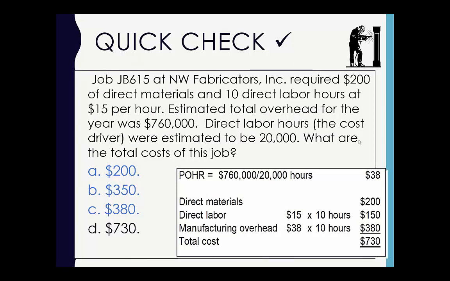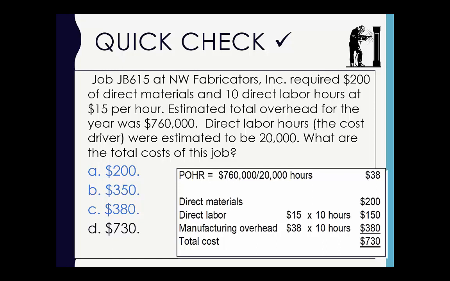What we talked about before was the predetermined overhead rate, and we have to calculate that. So the total manufacturing overhead for the whole year was $760,000. And we approximated, which is the best we can do at the beginning of the year since we don't know our actuals, 20,000 hours. So if you take 760,000 divided by 20,000, you're going to come up with $38.